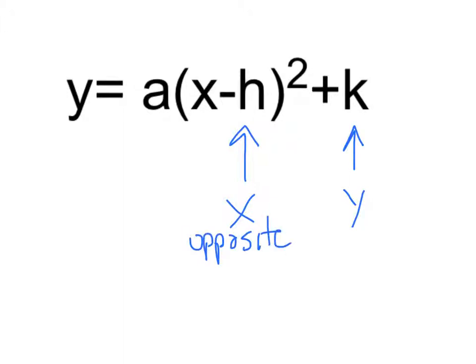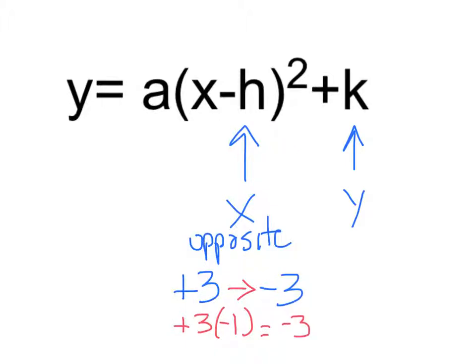That is, if it was a positive 3 in our formula, our vertex was actually negative 3. So how do you turn, say, a positive 3 into a negative 3? Well, the easiest way is simply to multiply it. If you take a positive 3 and multiply it by negative 1, you get negative 3.